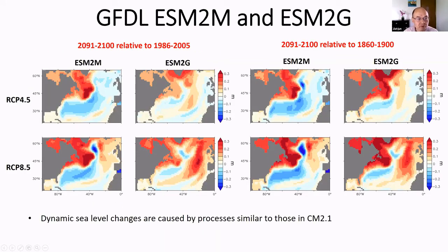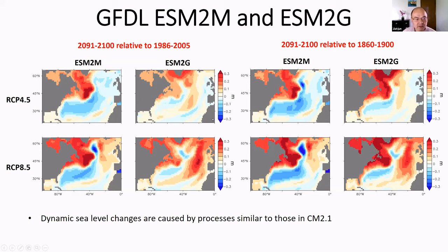So this is the projected dynamic sea level change in the North Atlantic in two RCP scenarios. The upper row shows RCP 4.5, the lower row shows RCP 8.5. These four are the dynamic sea level change relative to the 20th century, and these four are relative to the 19th century.